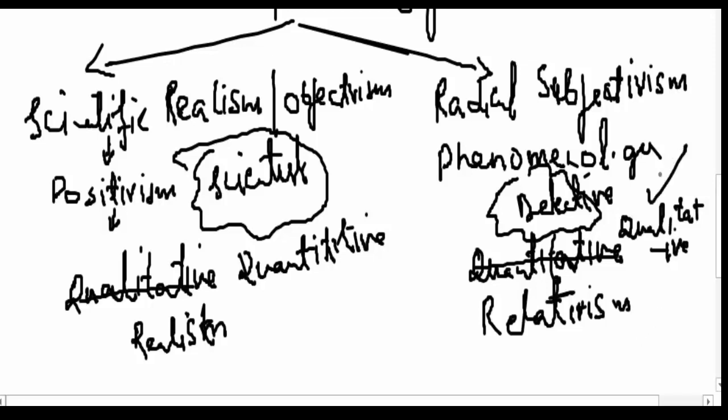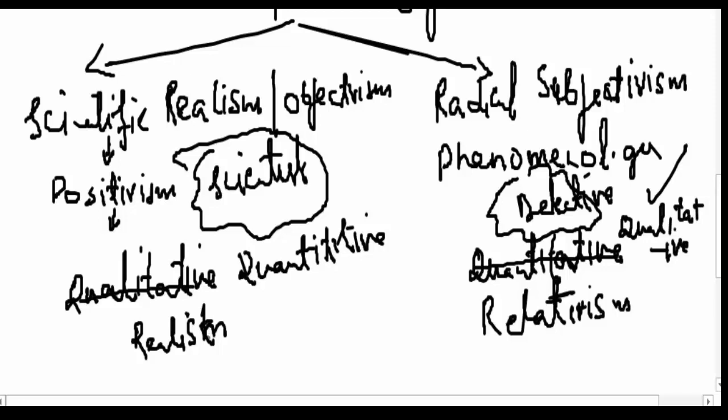Okay, so a relativist believes that there are multiple perspectives of reality. They think there is no single reality, there are multiple perspectives of reality. Whereas in the case of the quantitative or positivist approach, ontologically it is realism.